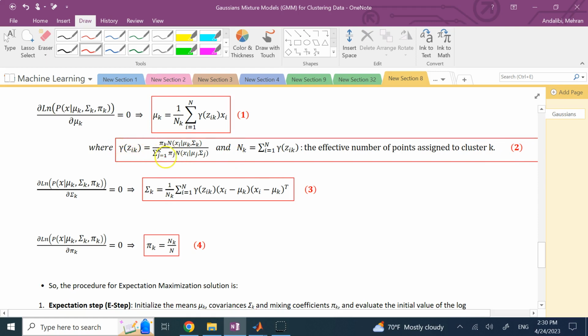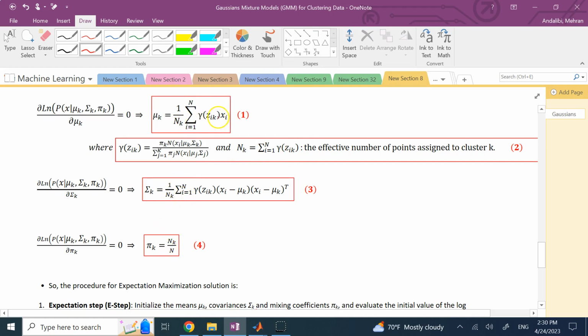The gammas using this formula, this one here, and I calculate the effective number of observations in each cluster, which is done by summing up over these gamma z_ik's, right? Once I have that N_k, I need it in equations 1, 3, and 4.